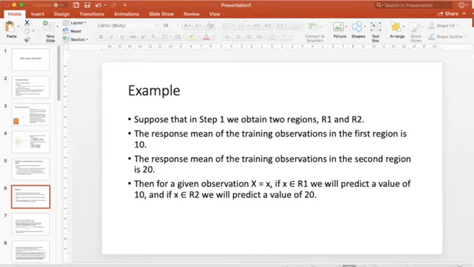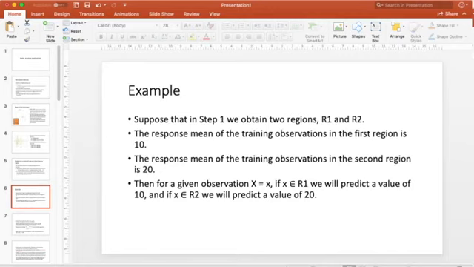Okay, let's take this example just to show you how the algorithm works. Suppose that in step 1 we obtain 2 regions, R1 and R2. In the previous example I showed you we obtained 3 regions, but now just to bring you through these steps.